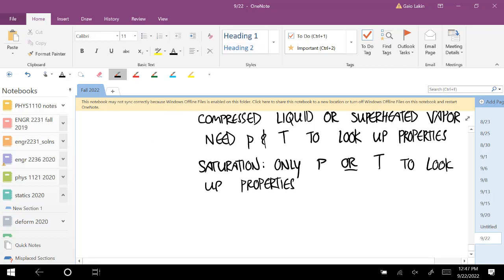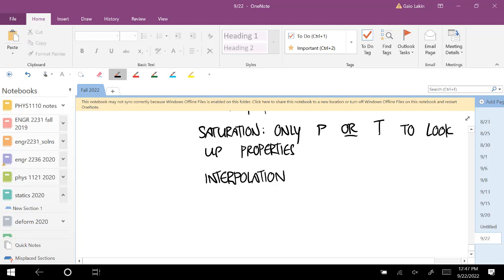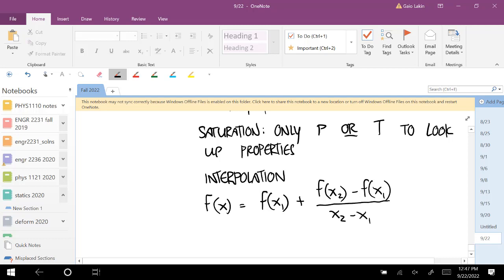And to use these tables, we usually have to use interpolation. So that has the form f of x is f of x1 plus f of x2 minus f of x1 divided by x2 minus x1, and then that fraction is multiplied by x minus x1.